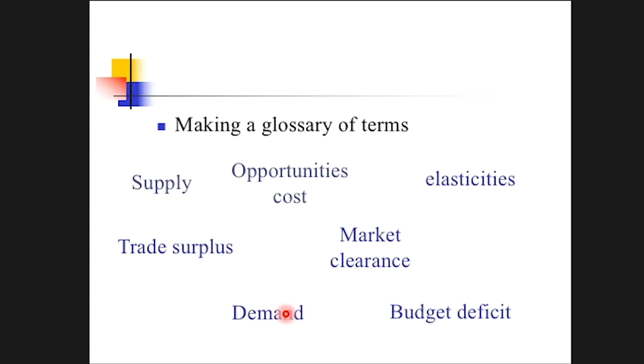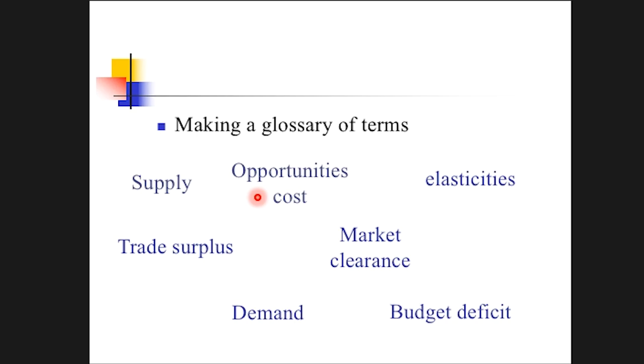When you study economics, you also need to use the glossary of terms, because there are many issues that we have to use many words to explain. And if we can use only one word or one phrase to describe the whole situation, it will be shorter and much easier.